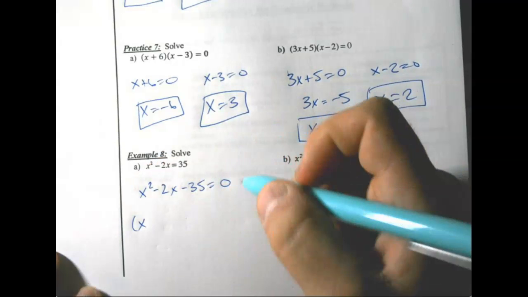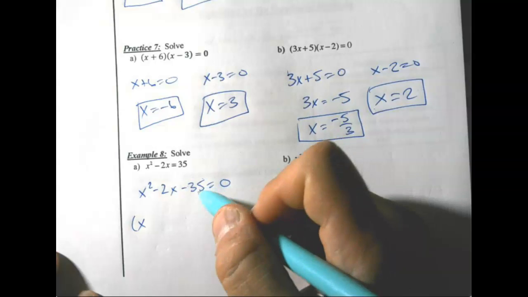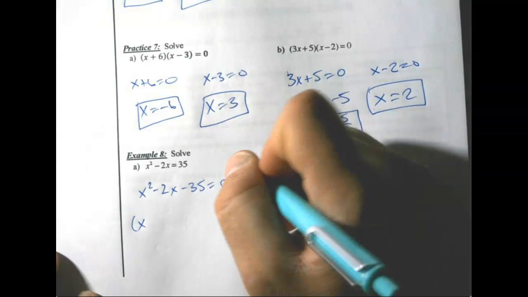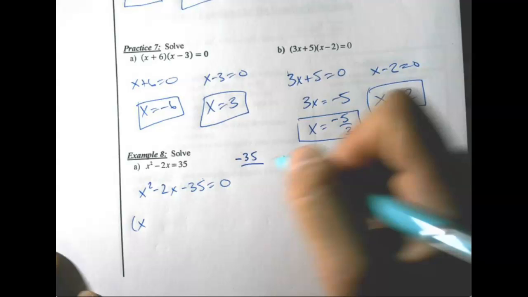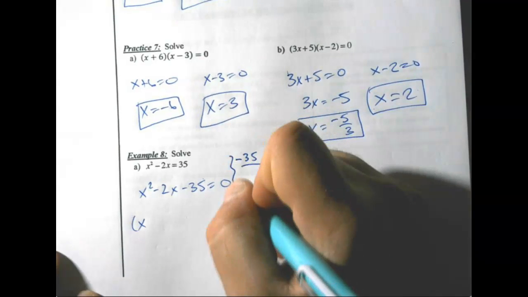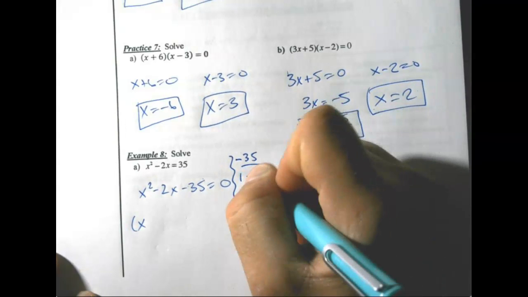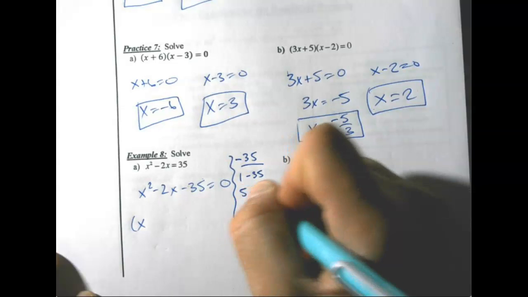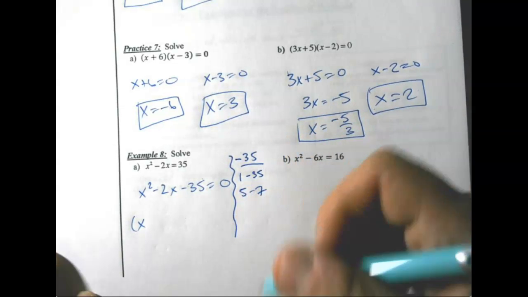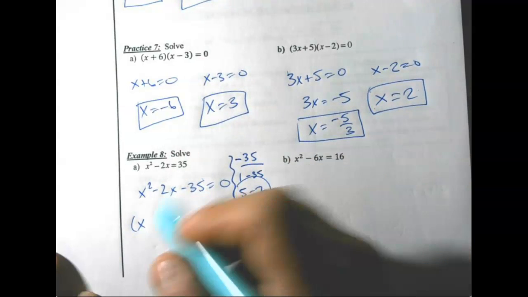You could make a list of factors. Remember, you need two numbers you can multiply to get negative 35 that add up to negative 2. I don't always want to make a list of factors if I can just think of the numbers, but that's a reminder of what I'm thinking. I'm thinking of numbers I can multiply to get negative 35, and I want the pair of numbers that adds up to negative 2, so 5 and negative 7.